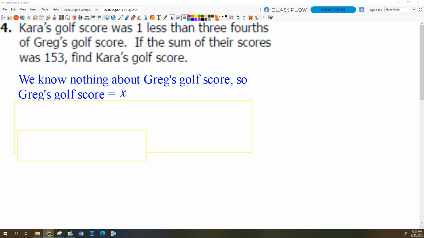Okay. Now, ultimately, what we're trying to set up here is an equation. It's the second sentence that really gives us the equation, isn't it? Tells us the sum of their scores was 153. You already told me that sum means addition. So I've got to be able to add up Greg's score and Kara's score to solve that equation.